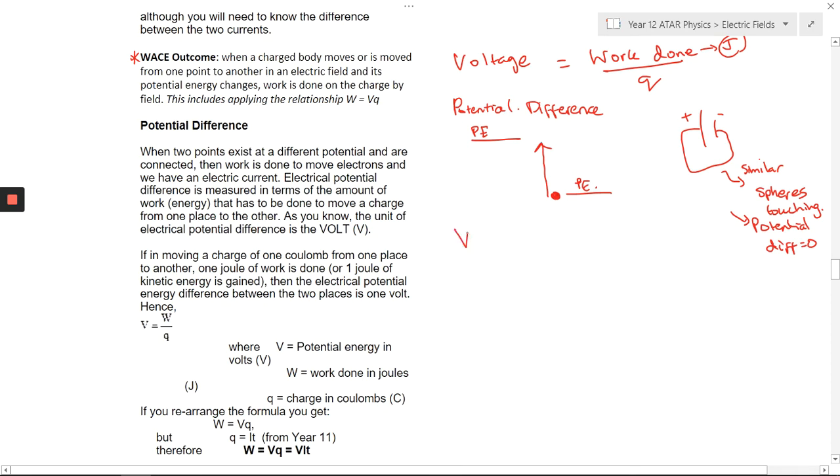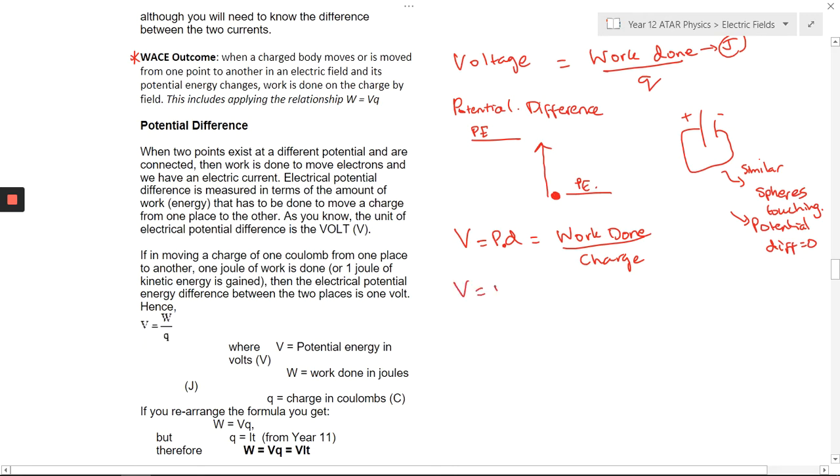Okay, so we know voltage is a potential difference between points, and this is the amount of work that you do per unit charge. That's the definition of voltage.